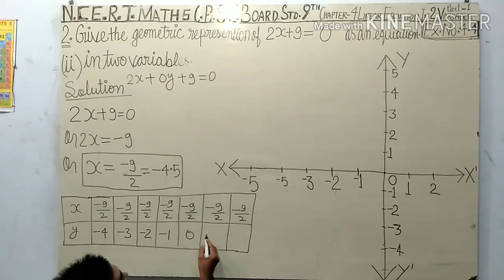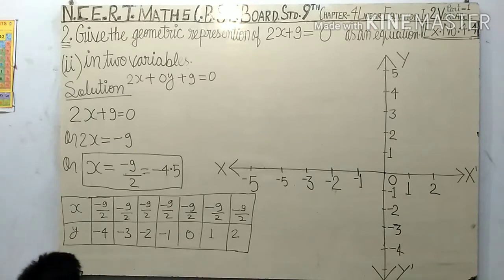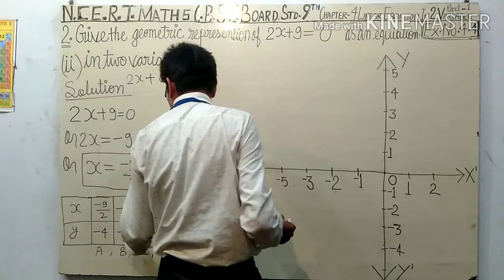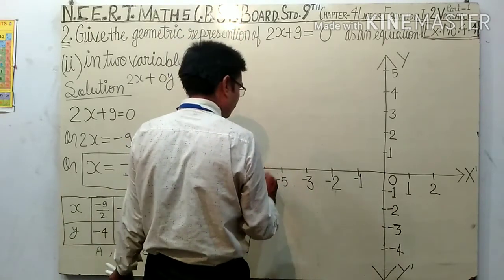1, 2, 3, and so on. No matter, we can take several and name them point A, point B, point C, point D, point E, point F and point G. So let's start plotting point A at -9 by 2, -4.